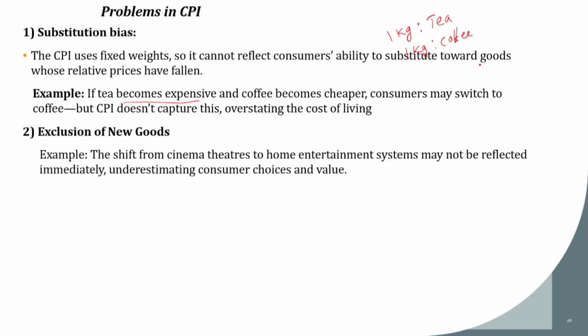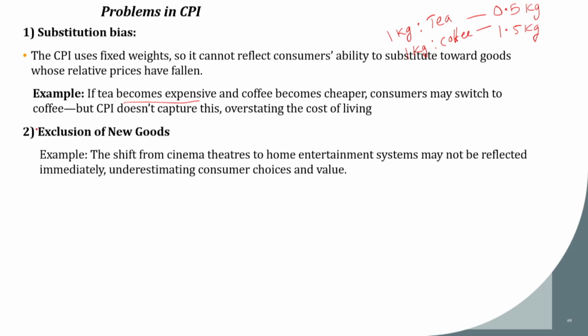But suppose, as in the earthquake example which you have taken, the tea becomes very expensive. Then what is going to happen in the real world? This is the basket that we define, but the consumer is going to consume only half a kg of tea instead of 1 kg, and 1.5 kg of coffee. But this won't be reflected in the CPI. So the substitution bias is not incorporated in the CPI calculation.